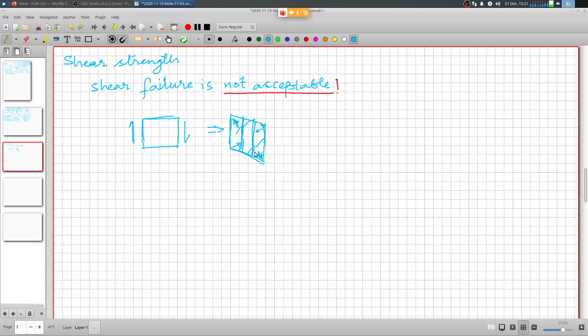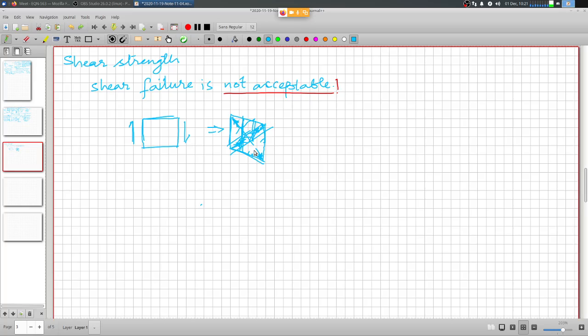There are 45-degree tension and compression members, so we can look at this as truss members taking these loads. The entire compression is taken by the concrete, like a diagonal truss which takes care of this compression, and you need another member to take care of this diagonal tension by virtue of steel.